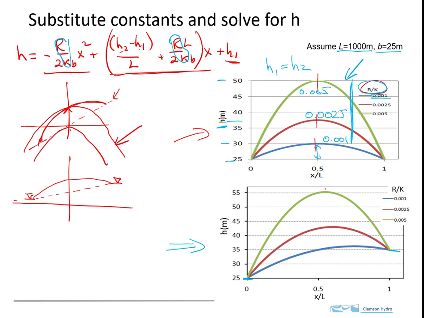But here, the divide is right here. And then on this one, you can see the divide is right there. And then on this one, the divide is there. So the divide is actually moving towards this higher head end as the ratio of recharge to hydraulic conductivity decreases.